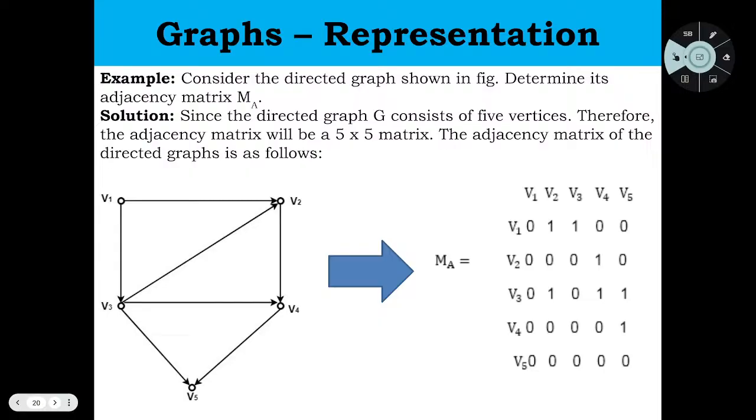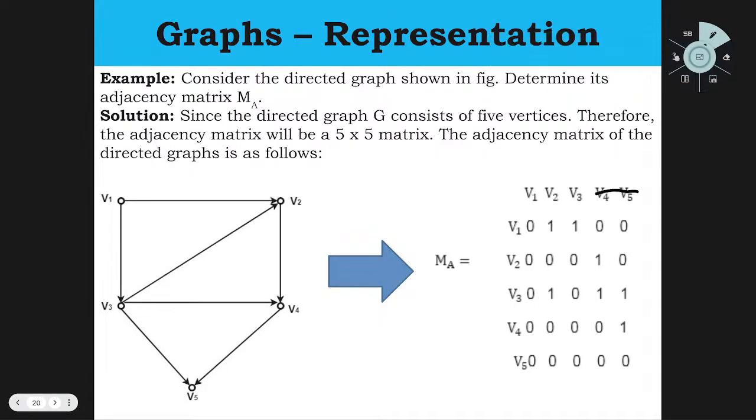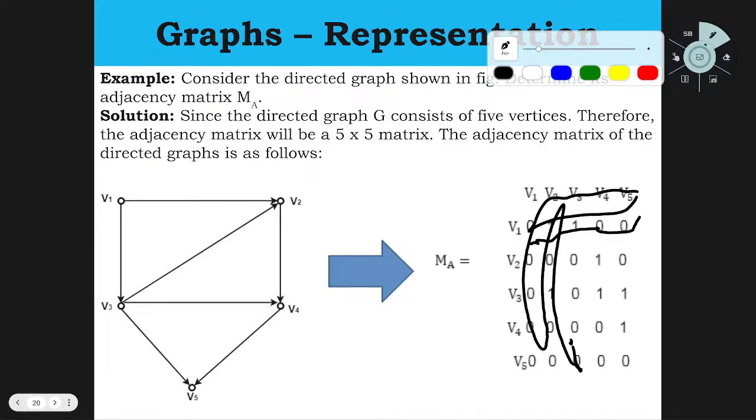Determine the adjacency matrix of the graph, fast. Determine the adjacency matrix of the graph. Be fast.